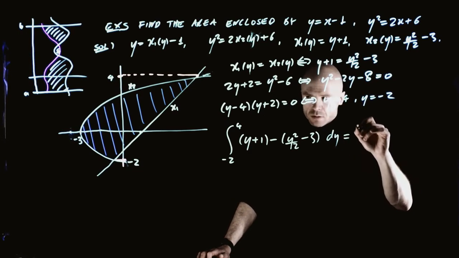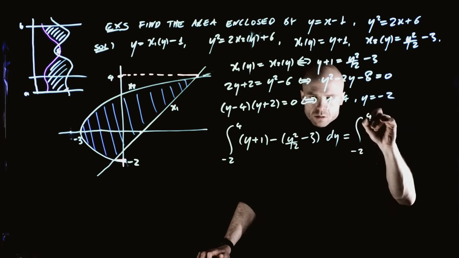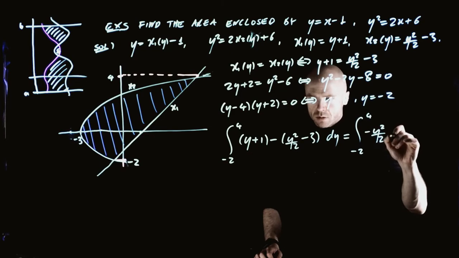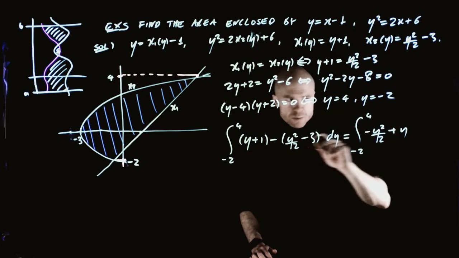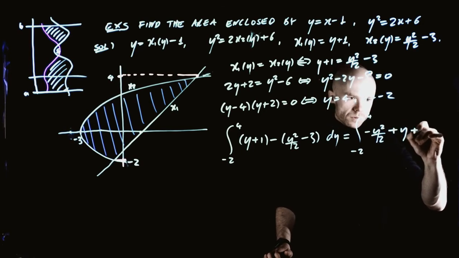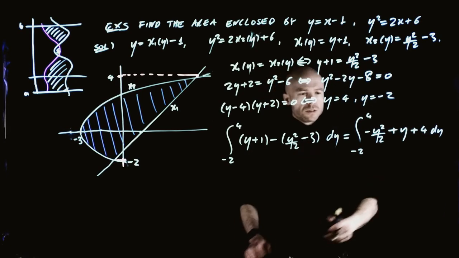And then let's just rewrite this like this. Minus y squared over 2. And then we just have plus y, and then we have 4, minus 3, which is just 4, right? 1 minus minus 3. So it's this thing.